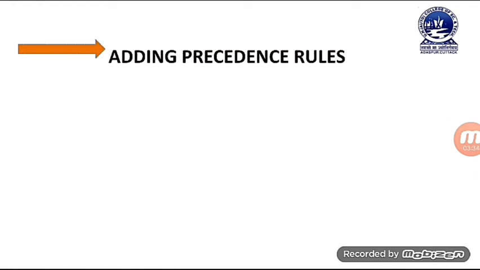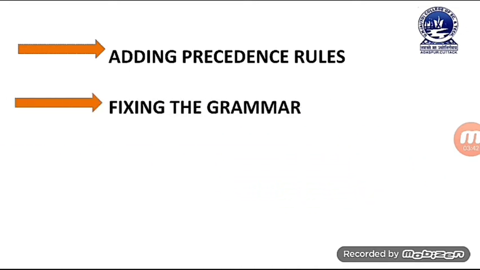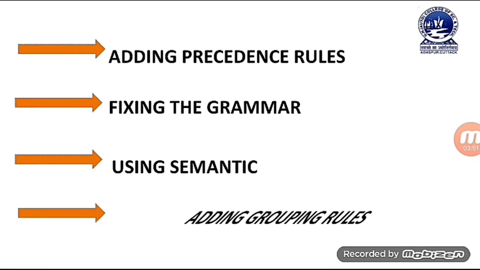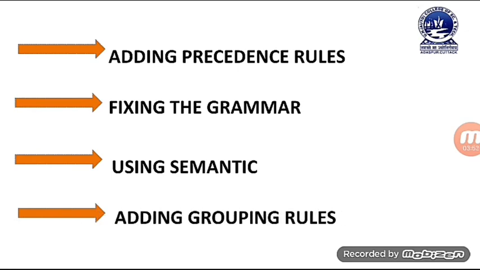In order to eliminate the ambiguity in a grammar, there are some different approaches and techniques. Now I am going to explain how we can convert an ambiguous grammar to an unambiguous one. Actually there are 4 different approaches: adding precedence rules, fixing the grammar, using semantics, and adding grouping rules.